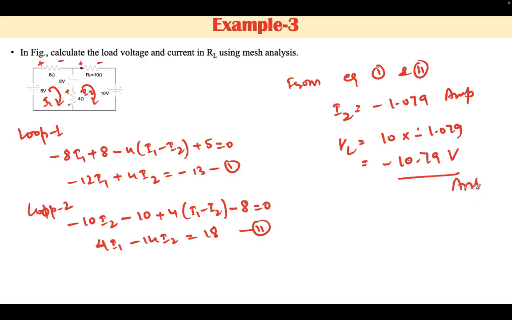This is the answer. This is the current through the 10 ohm resistance, which is nothing but I2, and it can also be written as IL, whereas VL is nothing but the voltage across the resistance.